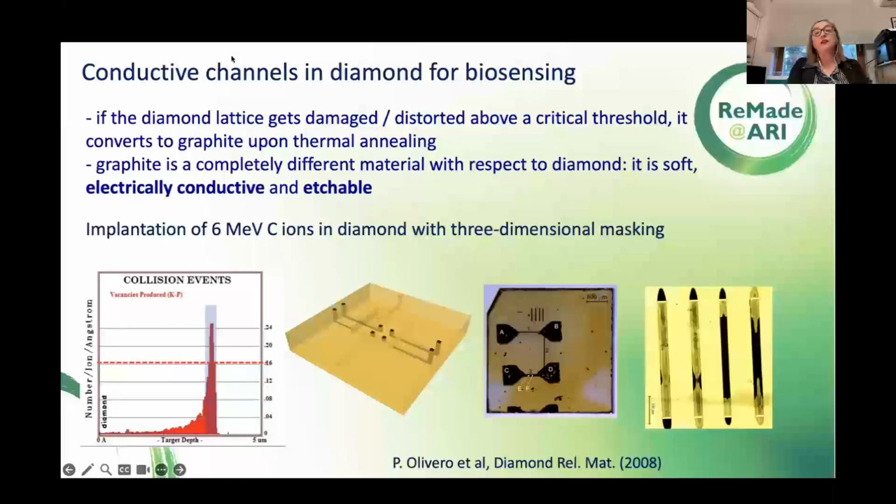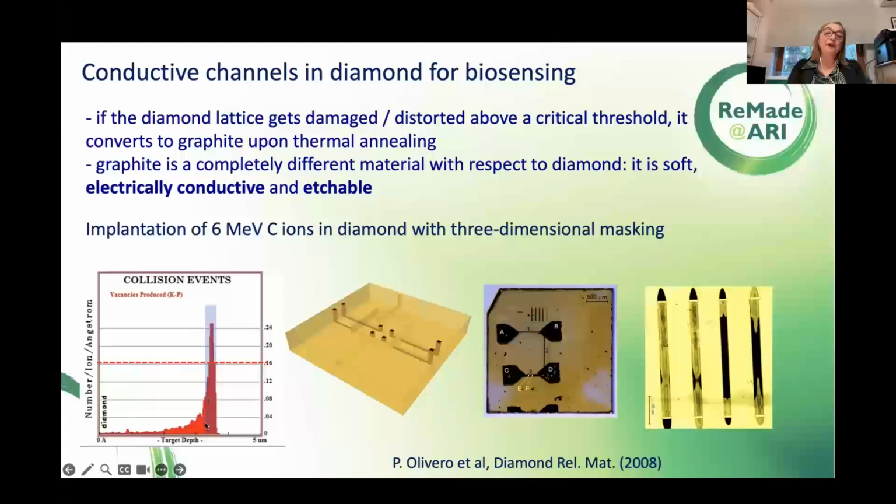This is also one very nice example, which was done in collaboration with colleagues from University of Torino in our lab. So, you know, the diamond is a very nice material and it's also used for detectors. But in this case, what they wanted to do is to produce, deep in diamond, at some depth, I don't know, maybe a couple of microns, a transformation of diamond to graphite.